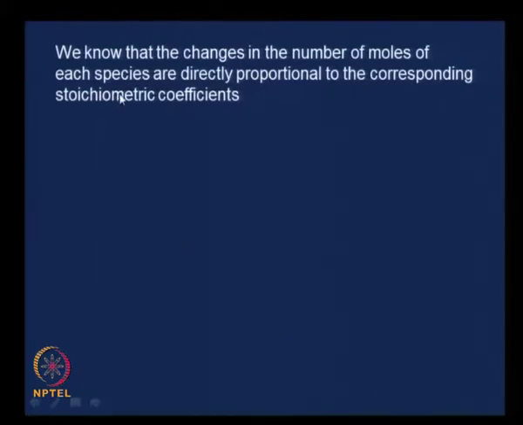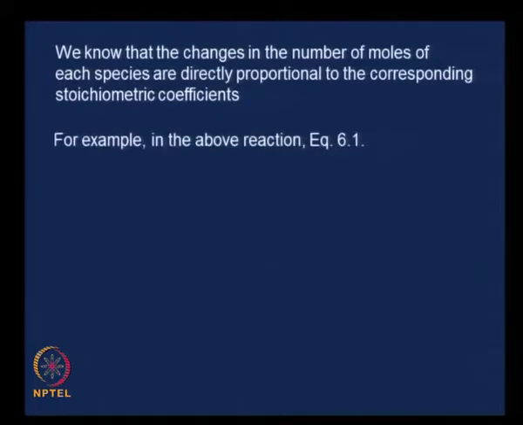Now, let us go back to what we already know. We know that the changes in the number of moles of each species in a reaction are directly proportional to the corresponding stoichiometric coefficients. What do I mean by that?